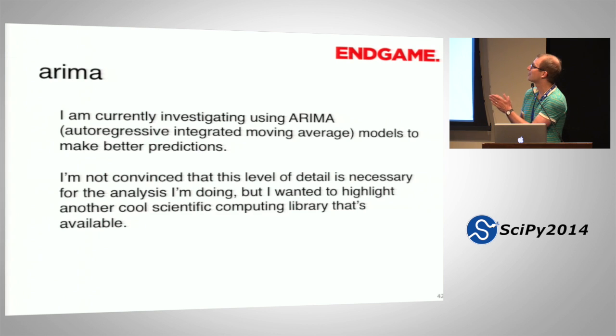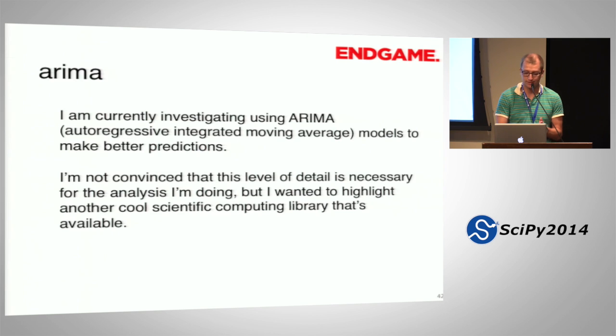I'm currently also investigating using autoregressive integrated moving average models to make better predictions. Right now I'm not convinced this level of detail is necessary, but it's something I'm working on because it gets more into the details about what is going on in your time series.